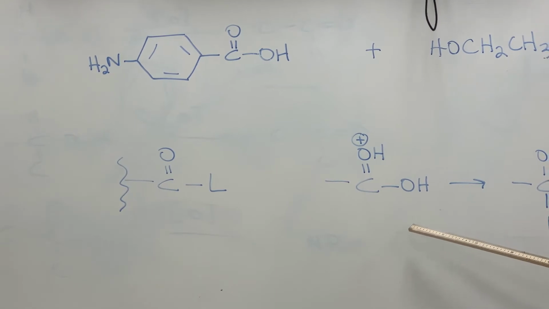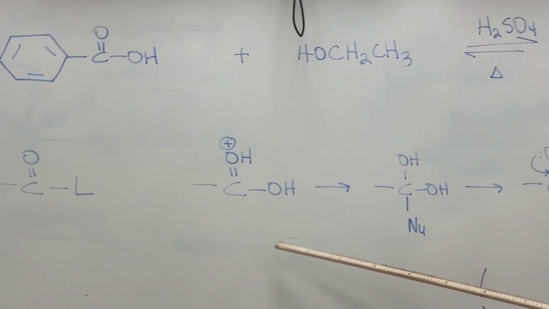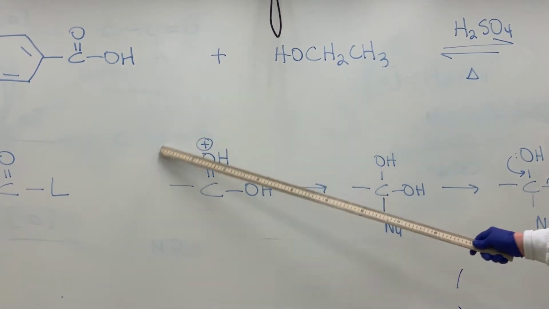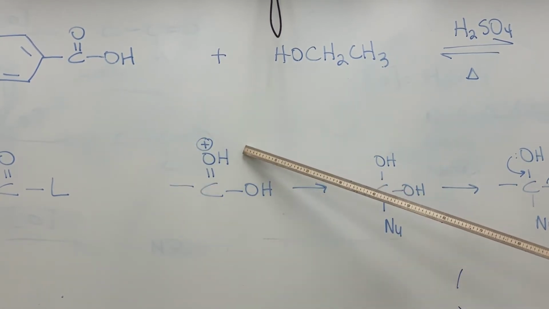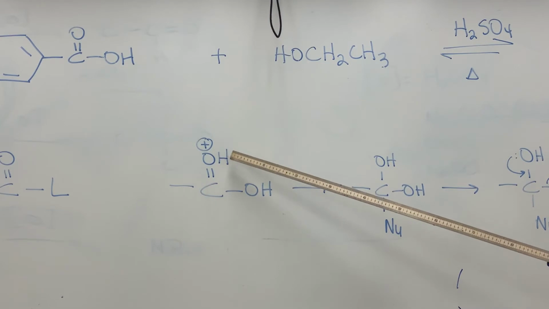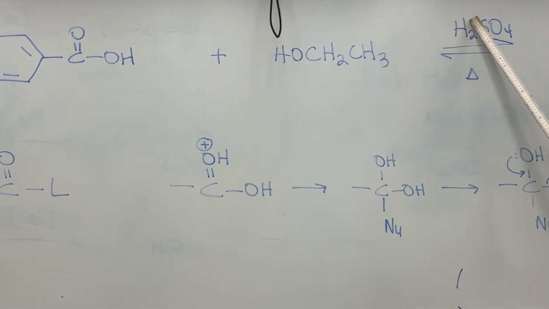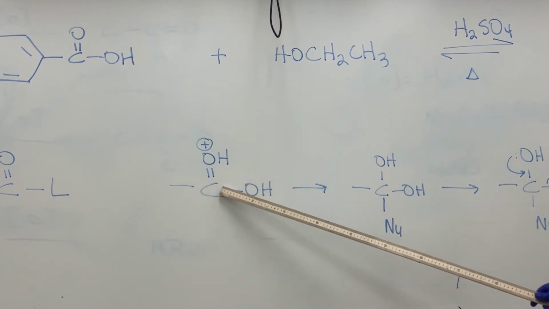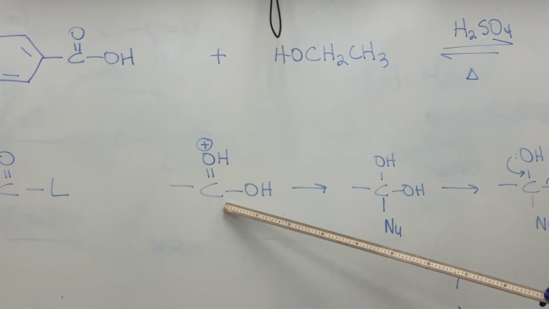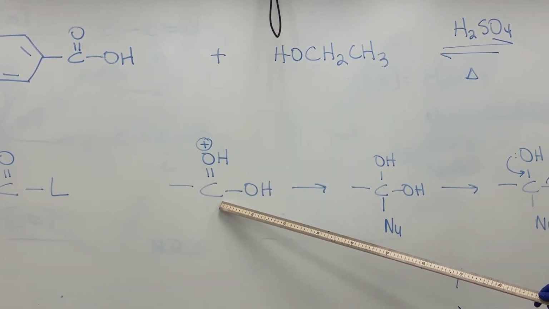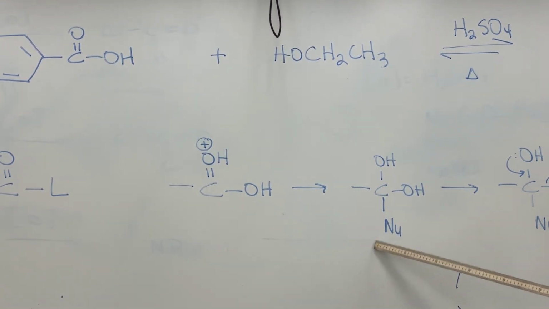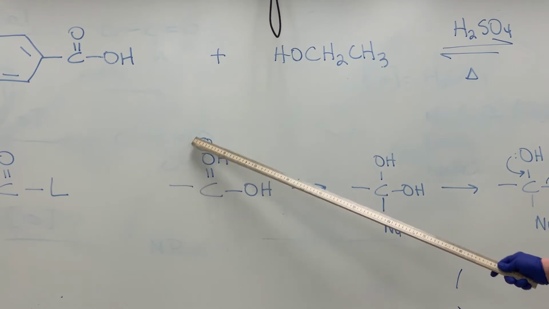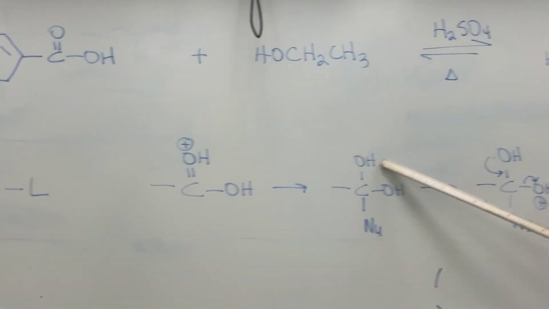What happens in these nucleophilic acyl substitutions is we first have an addition, but before that, we have to protonate the carbonyl oxygen, and that's the reason we're using the sulfuric acid. If we protonate, that makes the carbon of that original carbonyl group more sensitive to nucleophilic attack. So the nucleophile will come in, attack that carbon, the pi bond breaks, and those electrons go back up on the oxygen.